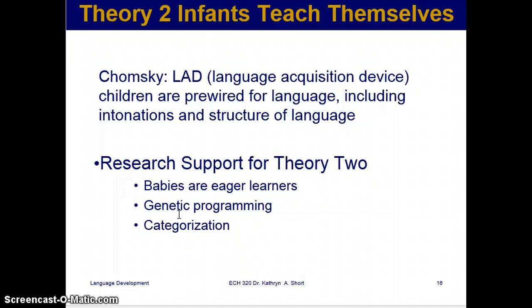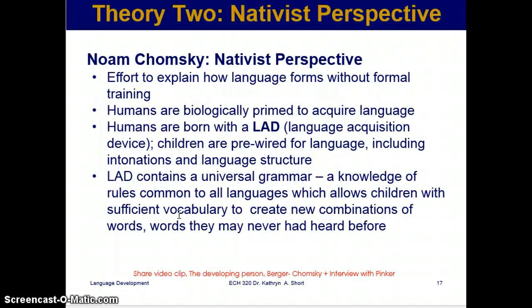That's what I'm getting from this. So point 1, research support for theory 2 is babies are eager learners, genetic programming, categorization. So next PowerPoint. Theory 2 again, nativist perspective, Noam Chomsky. Point 1, effort to explain how language forms without formal training.